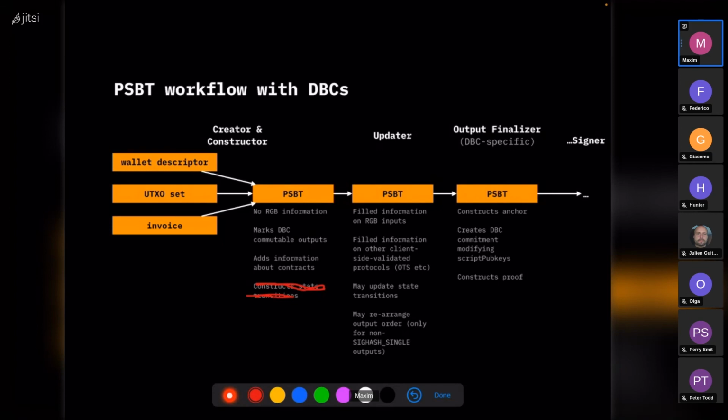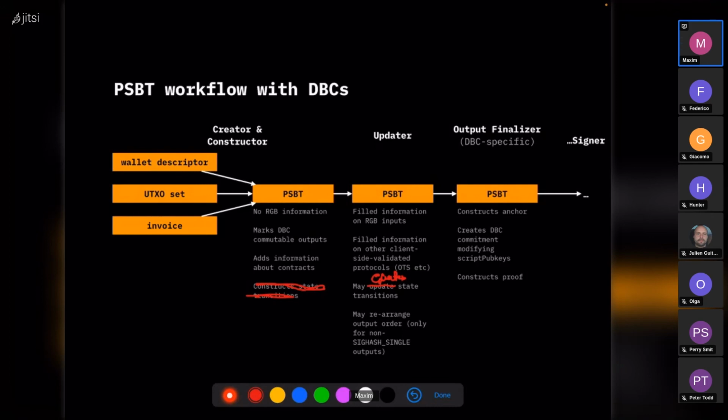The updater takes this PSBT and fills in information about RGB assets in the inputs. It also adds information about other client-side validated protocols, if they will ever be used with the PSBT. It creates the state transition because now it knows the input assets, and it may rearrange output order, but it will take into account which outputs may contain DBCs, such that they are put in the proper place.